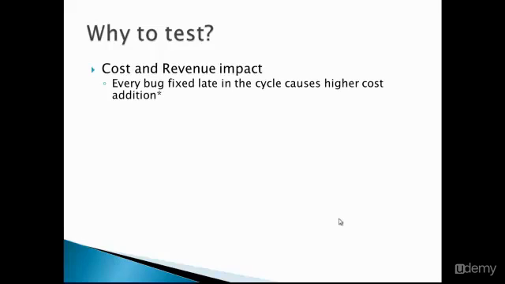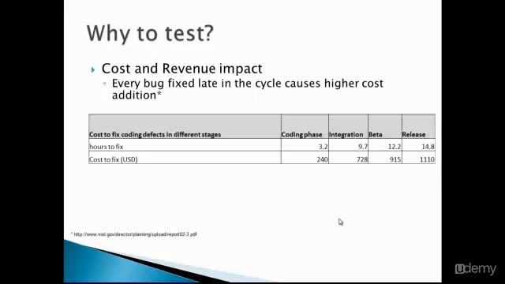Now, there was a study done a long time back by NIST in the United States, and what they found out was that every bug fixed late in the cycle causes higher cost addition. They looked at various companies, and they did extensive research, and then they came up with this conclusion.